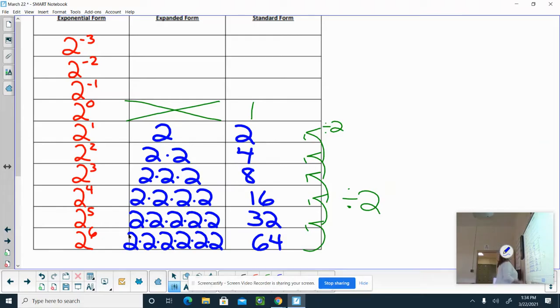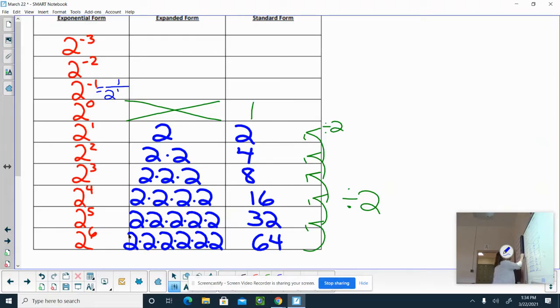All right, now when we get to the negative exponents, something to remember is that negative exponents do not mean negative numbers. What it does mean is a reciprocal. It means that 2 to the negative 1st is the same thing as 1 over 2 to the positive 1st.